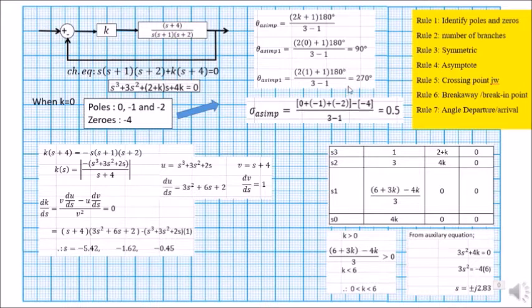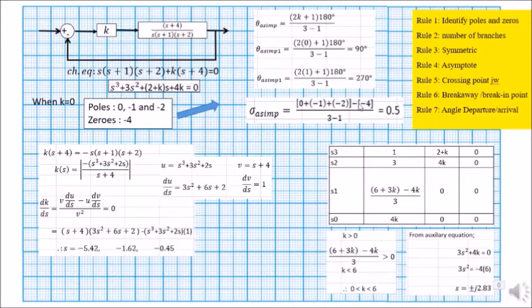Next, for the intersection of asymptote, we use the formula: summation of poles minus summation of zeros, divided by number of poles minus number of zeros. Summation of poles means we add all the poles: 0 plus negative 1 plus negative 2, which becomes negative 3.